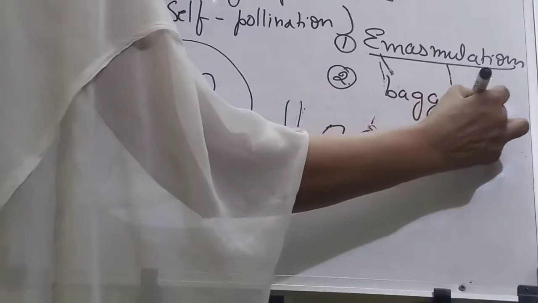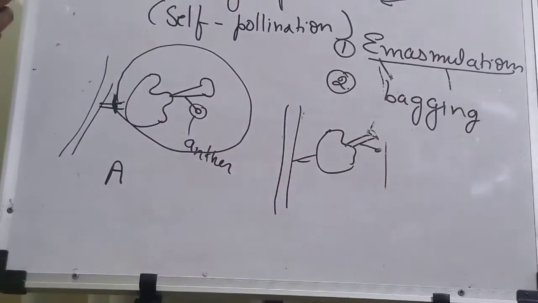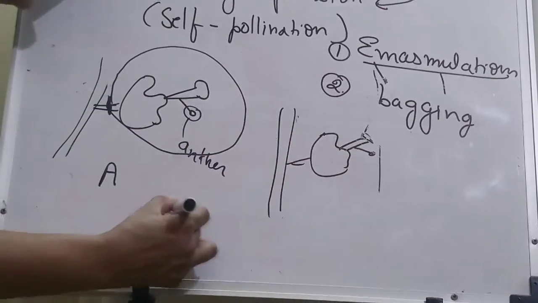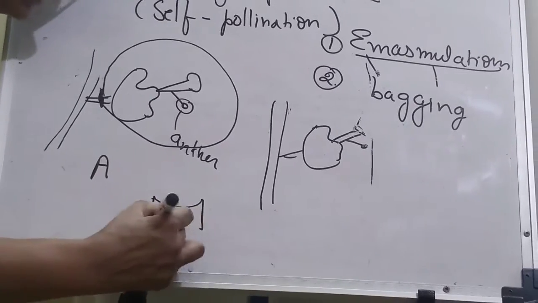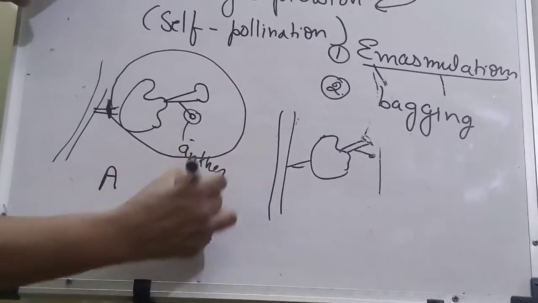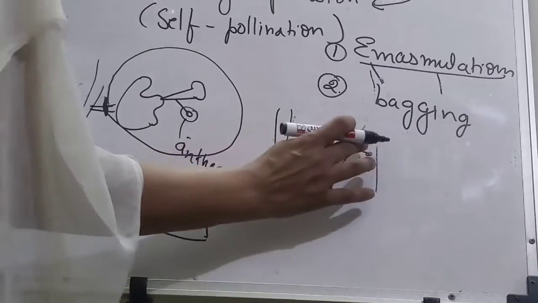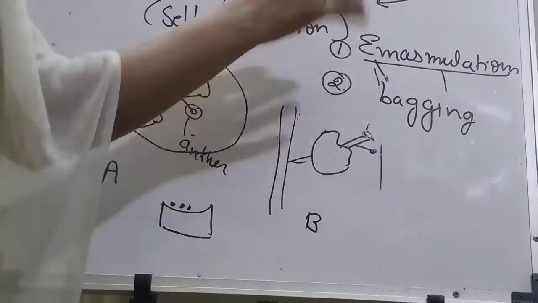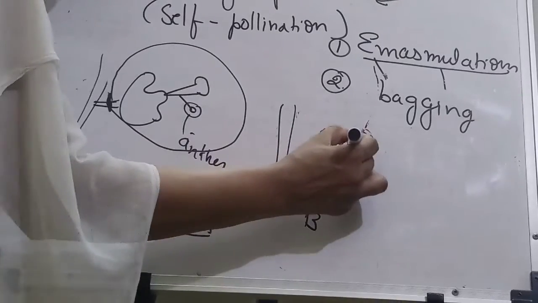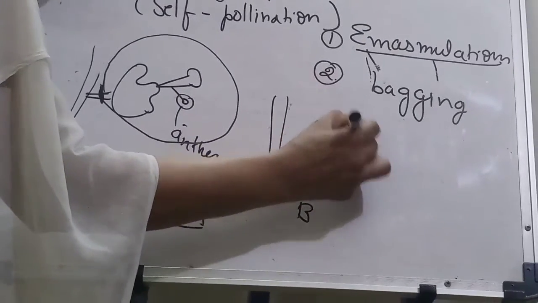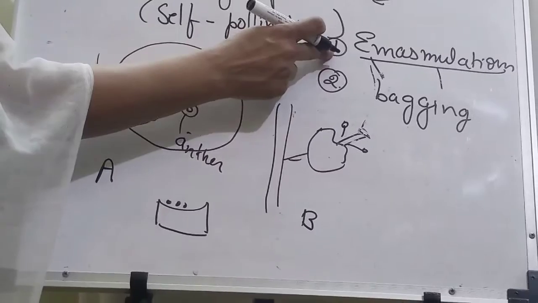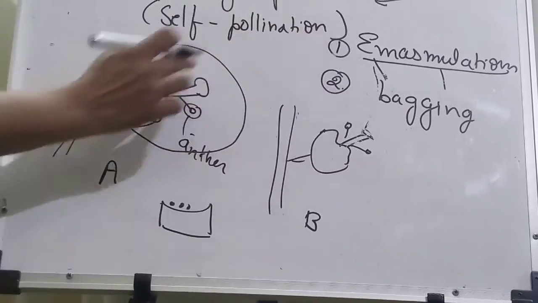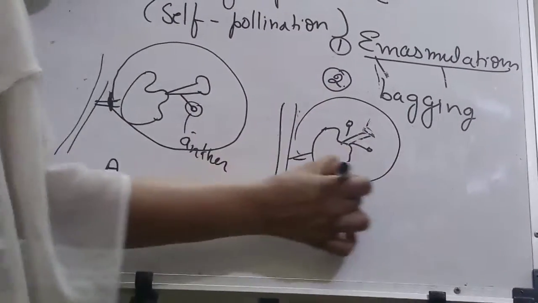Now we take the pollen anther into a petri dish, and we want to dust it onto plant B. Before that, we also have to remove its own anther by emasculation. Then we cover it.